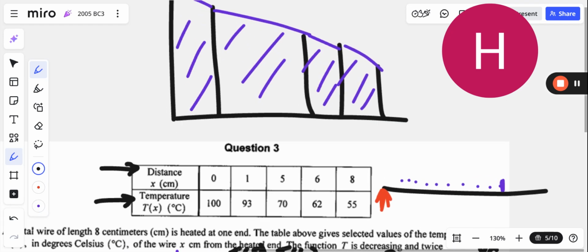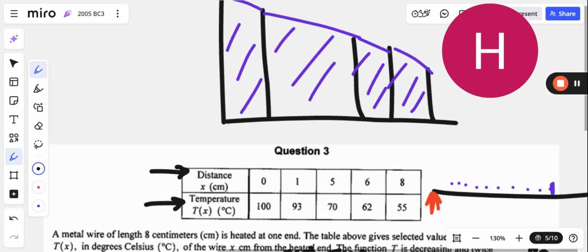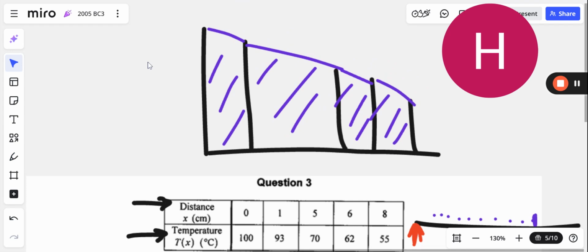So our trapezoids are going to look like this. And so our trapezoids are going to follow the trapezoid area formula. You've got to know the trapezoid area formula.